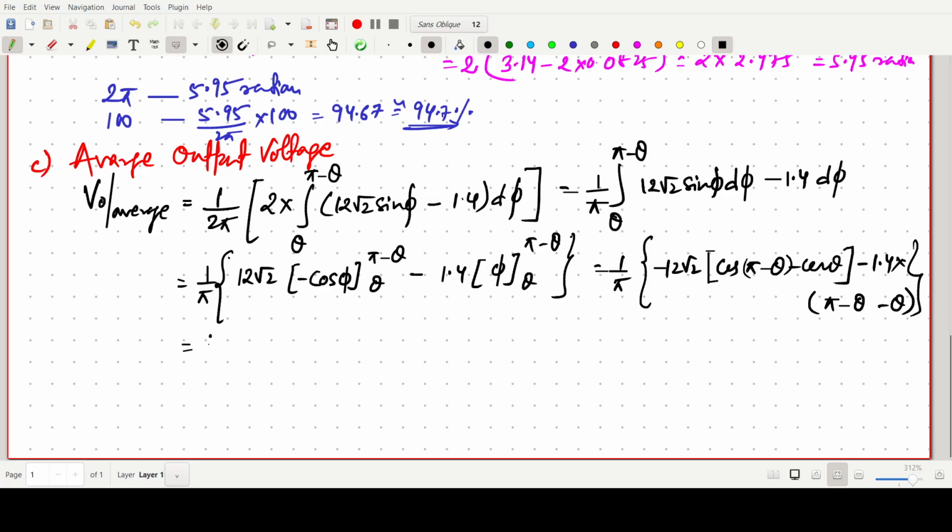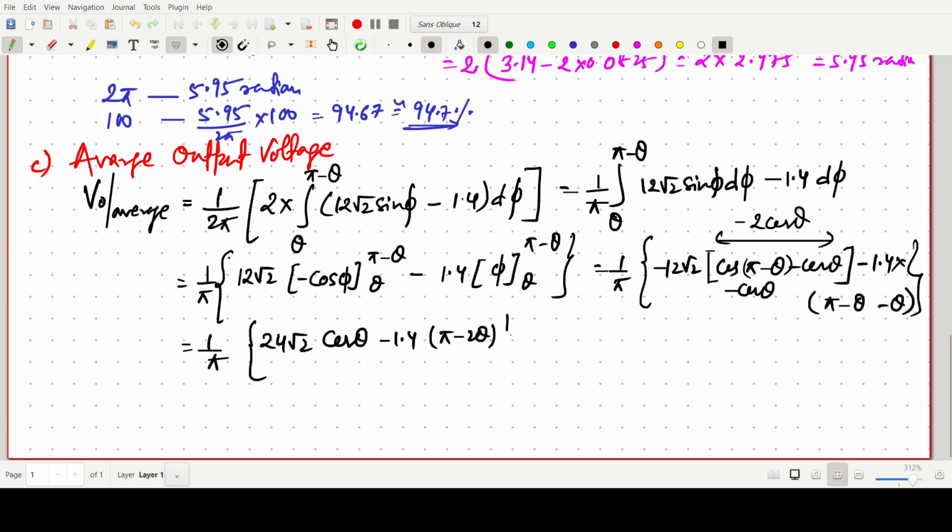Okay, so this is simple calculation. So cos pi minus theta will be minus cos theta, minus cos theta minus cos theta, minus 2 cos theta. So one can simply write 24 root 2 cos theta, because this whole term will now be minus 2 cos theta. Okay, then minus 1.4 pi minus 2 theta.